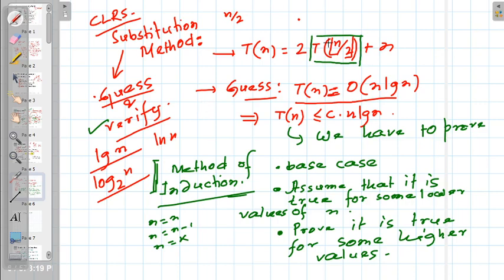So our lower value is floor n by 2. Let us suppose that it is true for n equal to floor n by 2. That means for some lower values of n it is true, so that we can substitute that value here, and ultimately we have to prove that this condition we are reaching.